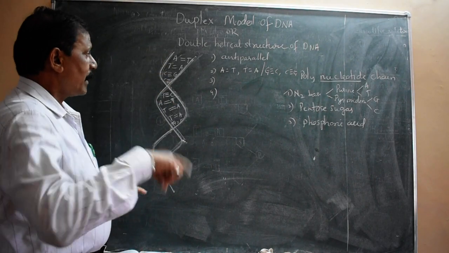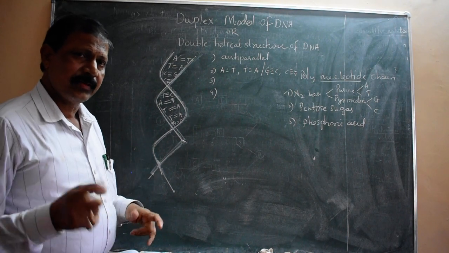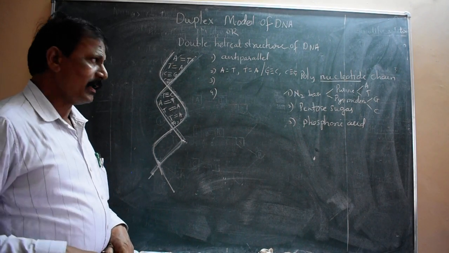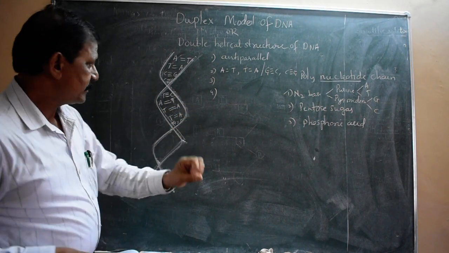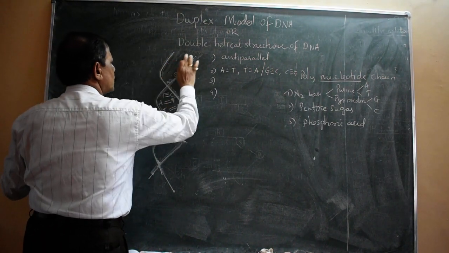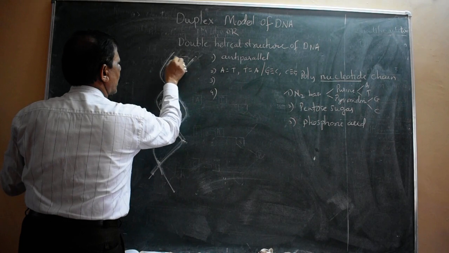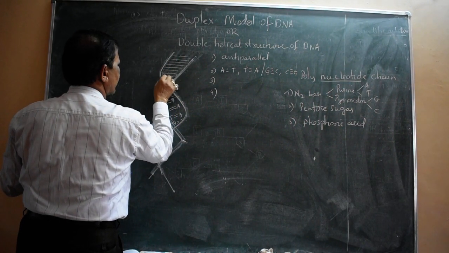Then after every 10 pairs, the DNA molecule helically coils. In other words, what I have to show here is 1, 2, 3, 4, 5, 6, 7, 8, 9, 10.